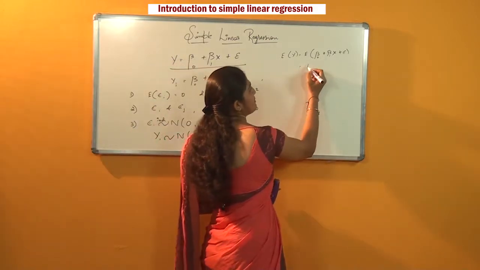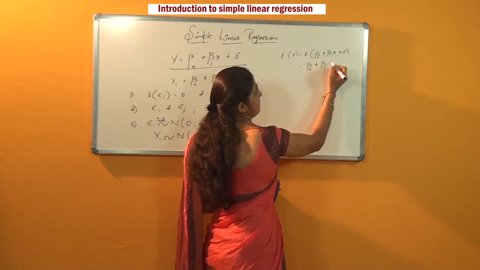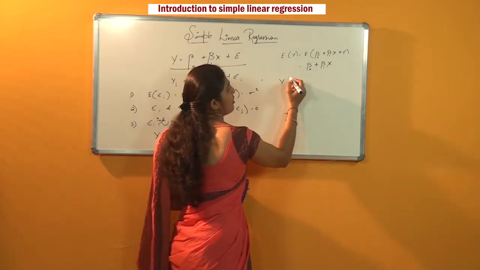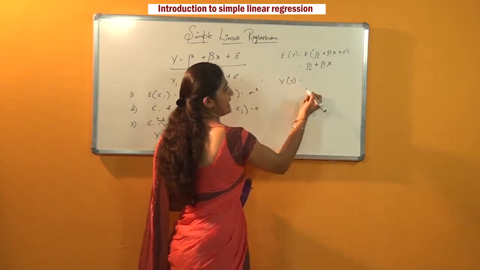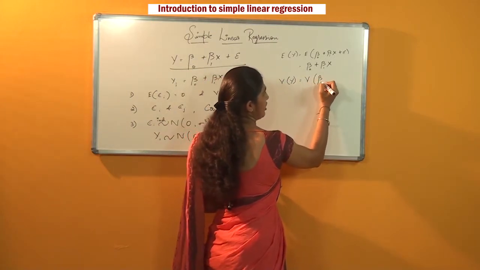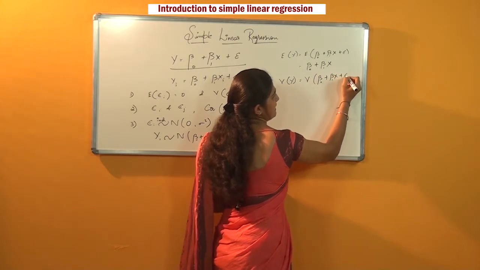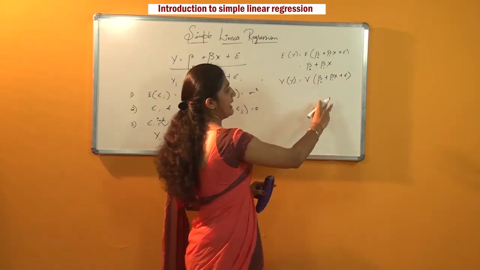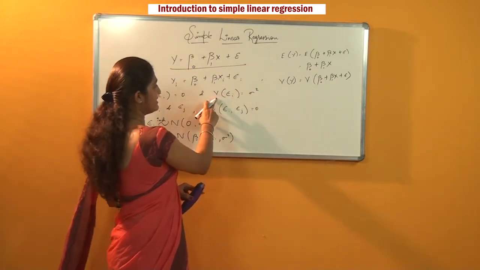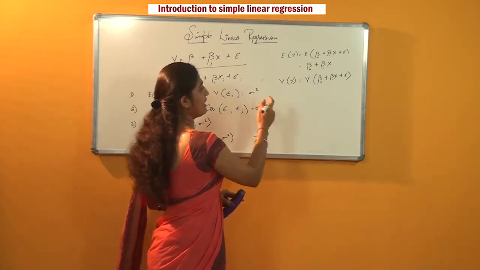So we have expectation of y equal to beta naught + beta 1 x, and variance of y will be equal to variance of beta naught + beta 1 x + epsilon. x is not a random variable, and also we have seen variance of epsilon i is equal to sigma square.